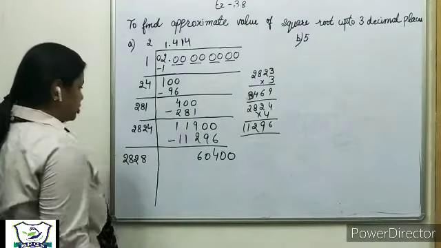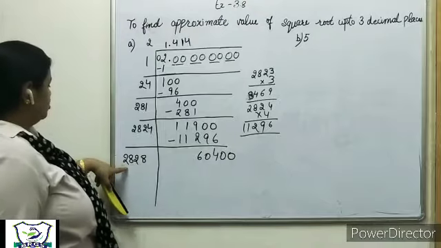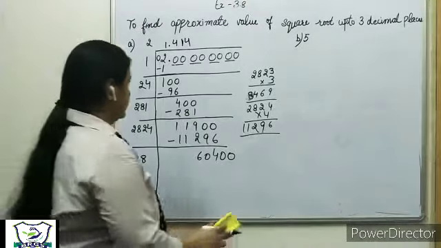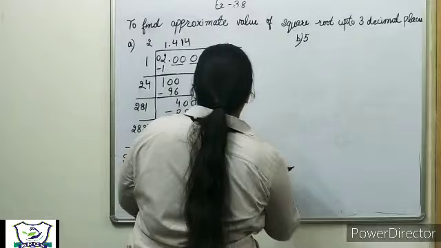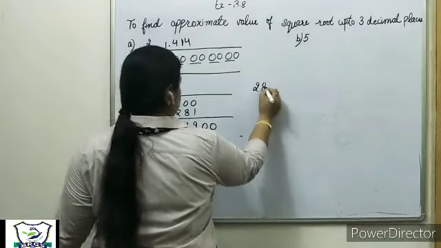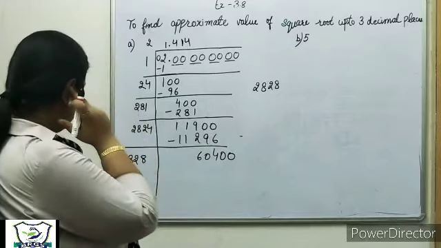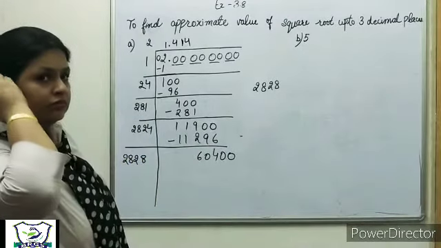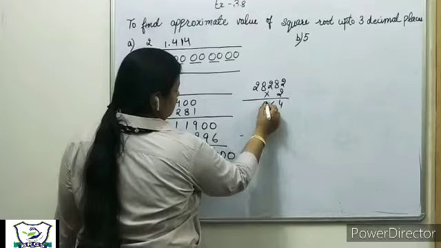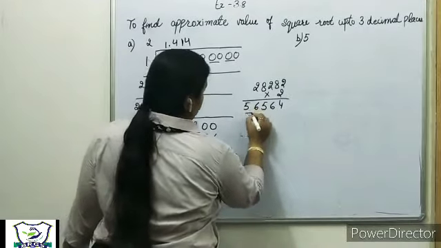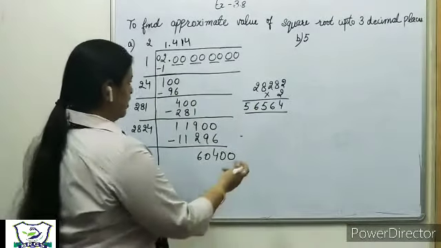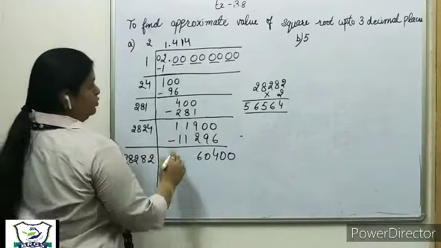So what should we put with 2828 so that we get the answer? Let's check it. 2828. I think we have to go for 2.